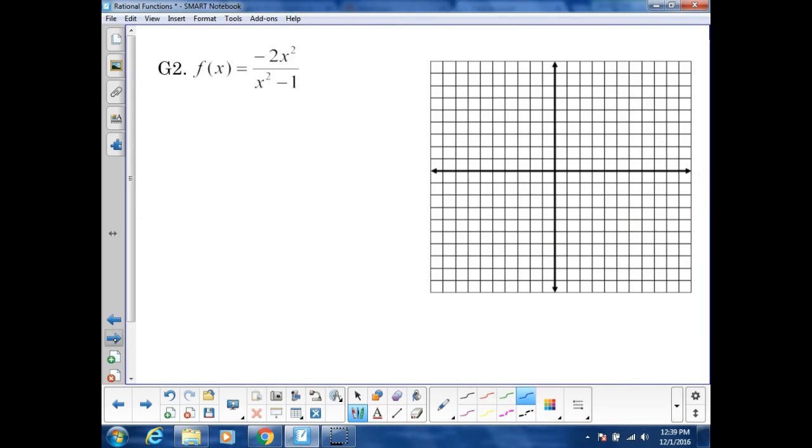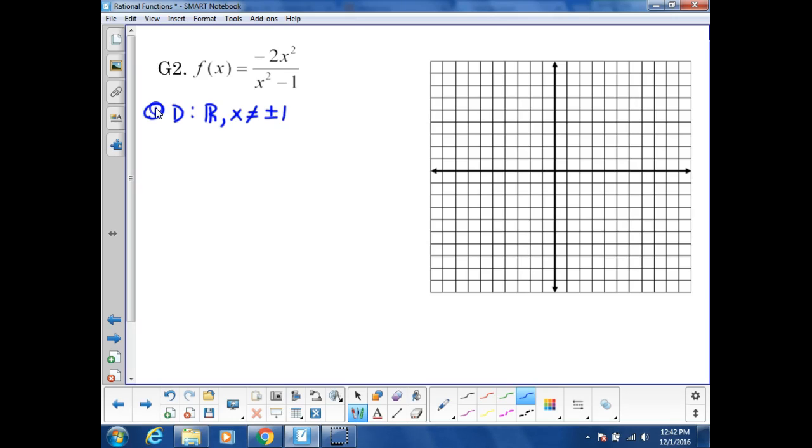Graph it. So step number 1 was find the domain. The domain is all real numbers, but x cannot equal plus or minus 1, because if I take the square root of 1, it's really plus or minus 1.